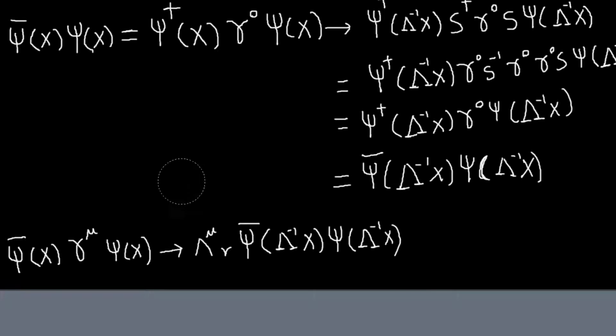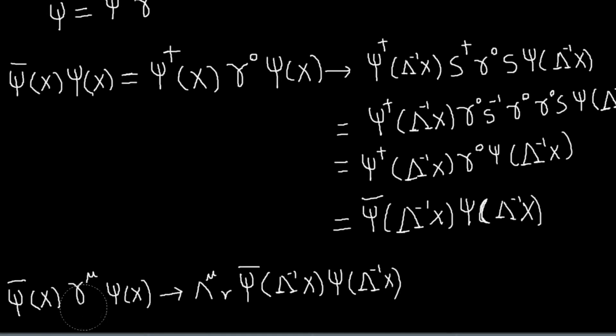And then lastly, you can also have gamma mu sandwiched between psi bar and psi, and that will transform as a Lorentz vector. So as long as we contract this thing with another Lorentz vector, that'll be something that transforms like a Lorentz scalar, so we can have that in our Lagrangian as well.